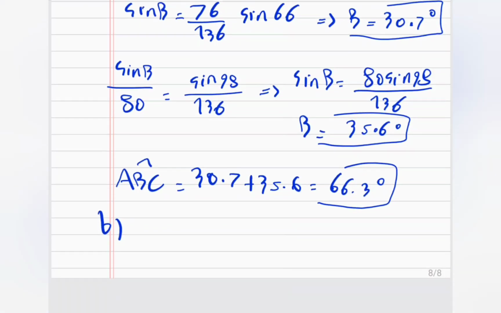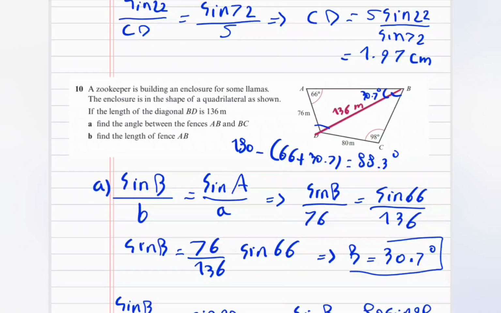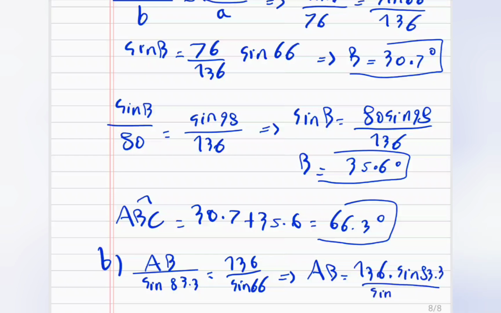We can do AB over sine 88.3. AB is the unknown. And then we have 136 over sine 66. Now we just rearrange again and work it out.